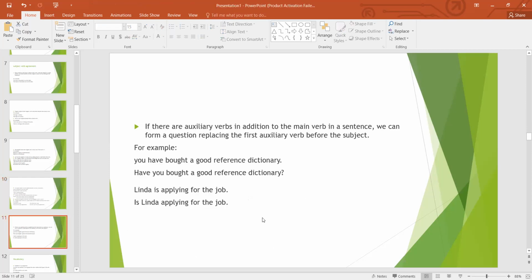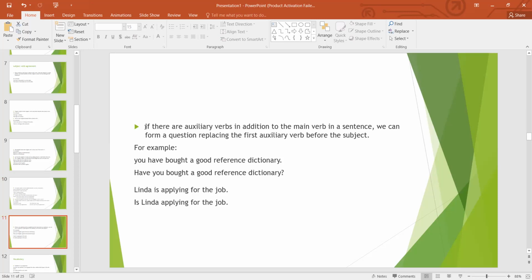So moving to the last slide. This is the last slide for subject-verb agreement. What is in it? If there are auxiliary verbs in addition to the main verb in a sentence, we can form a question by placing the first auxiliary verb before the subject.